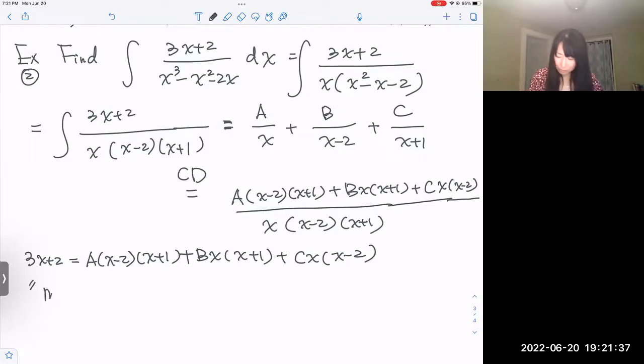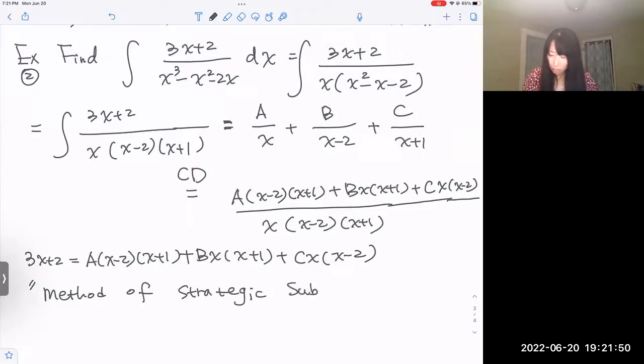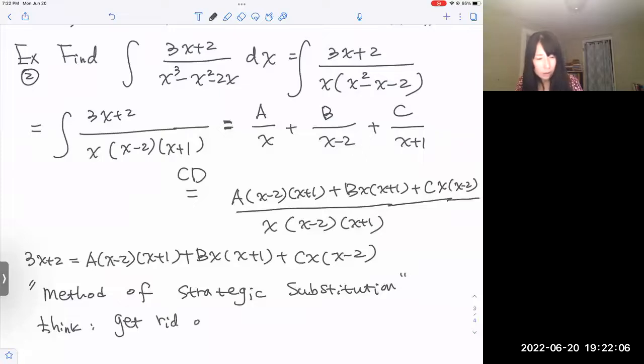It means get rid of a term by setting an x value.